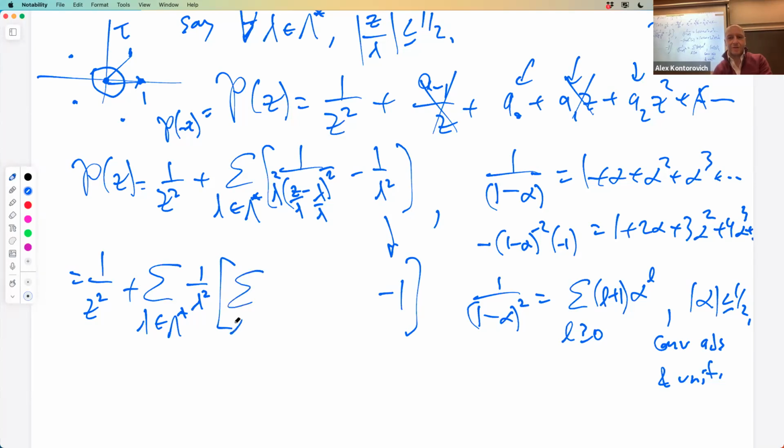So this is a sum over L greater than or equal to 0 of (L plus 1) times (z over lambda) to the L. Does everybody buy that? So far, so good? Let me give you a second to finish writing.